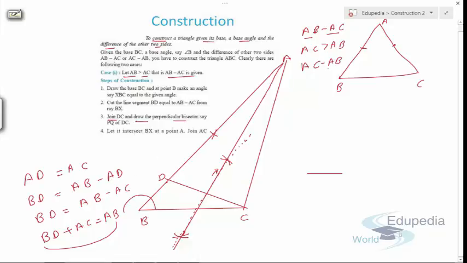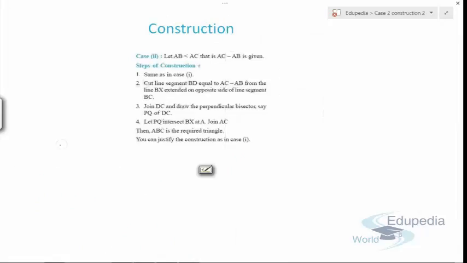So let's discuss the next case, case number 2. In this case, what is given is AB is less than AC, meaning AC minus AB is given. So we need to draw a triangle like this first, right? Let's say we have ABC.